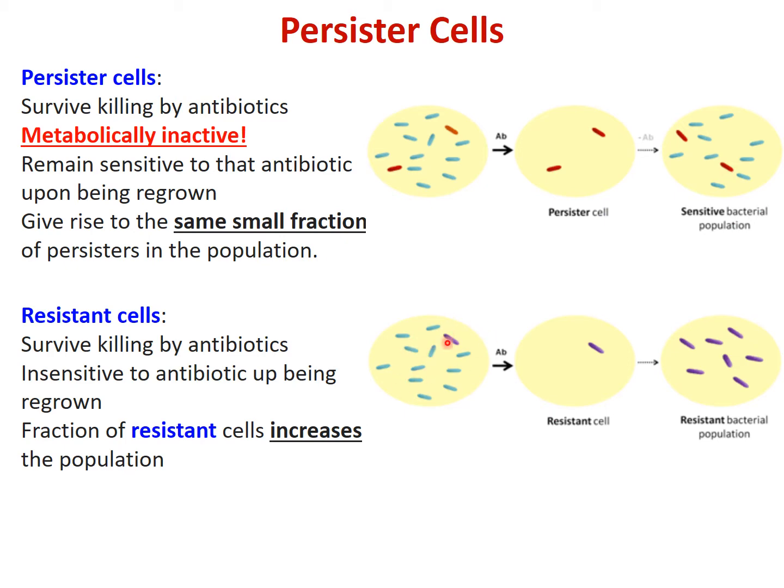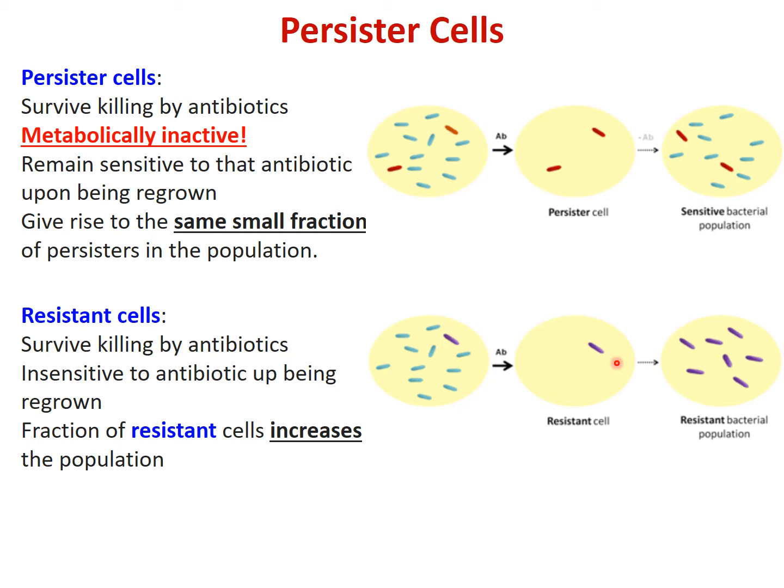This is different from resistant cells. In a cell population where resistance appears, here we have these normal blue cells, and then there's one purple cell that's resistant. This resistance is due to a genetic change. This cell is genetically different. It has some mechanism to resist antibiotics. So when you treat this population with antibiotics, these blue normal ones die off. The resistant one remains.